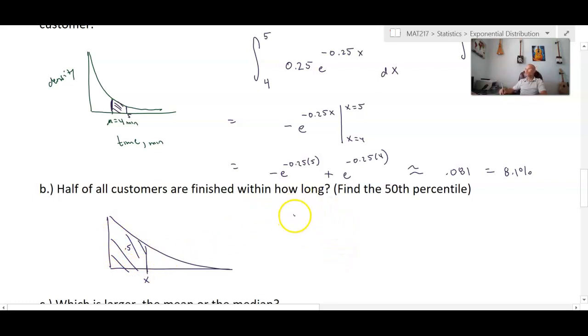So we're going to find the integral from 0 to x of our function, and we want that to equal 50%, or 0.5. Now we know that that integral, based upon what we've established up here, is going to be e to the negative 0.25 x. To evaluate that from, sorry, it should be probably t, should not double dip on those variables.